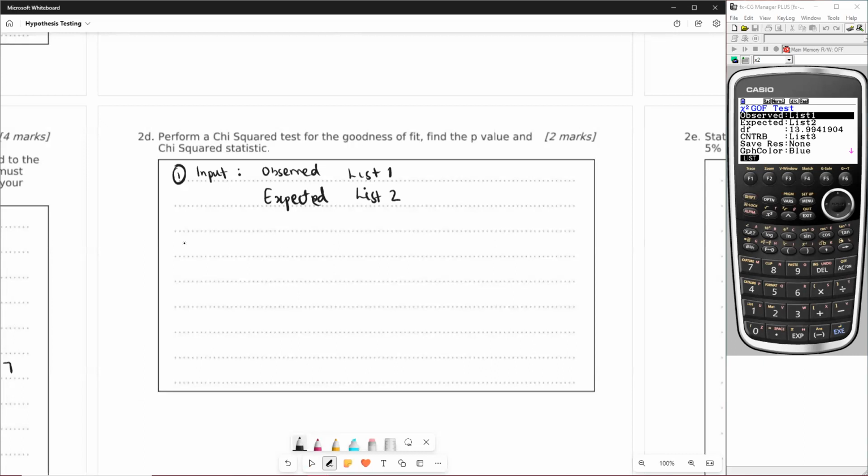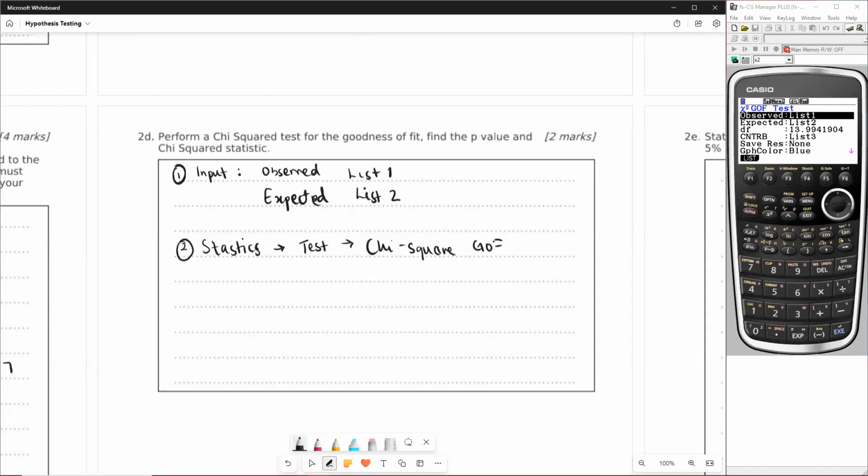Then the second thing we did was to go to statistics and go to the tests. And then there's a lag here. And go to the tests and look for chi-square, goodness of fit. Sometimes it's just written as GOF, and so that's also fine.